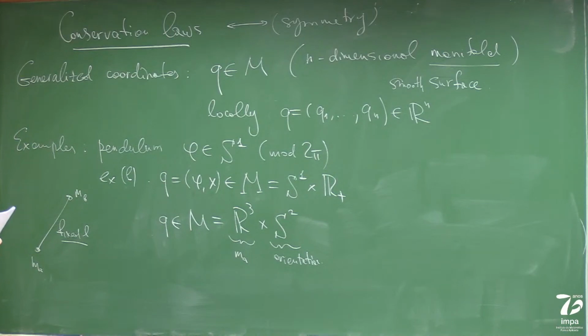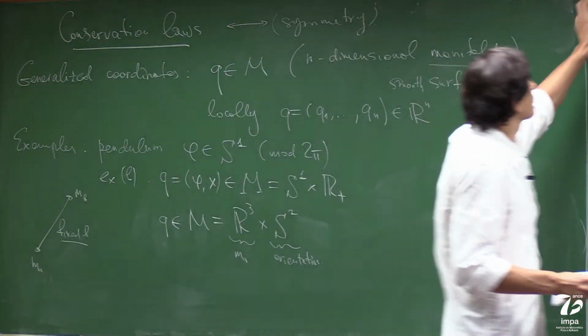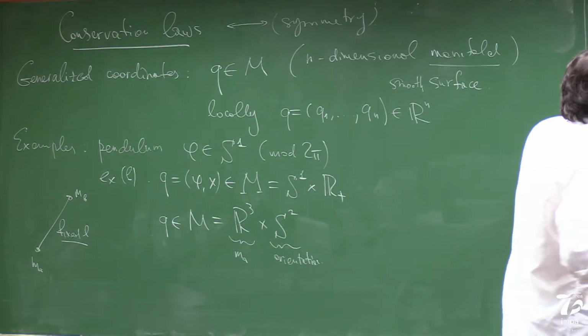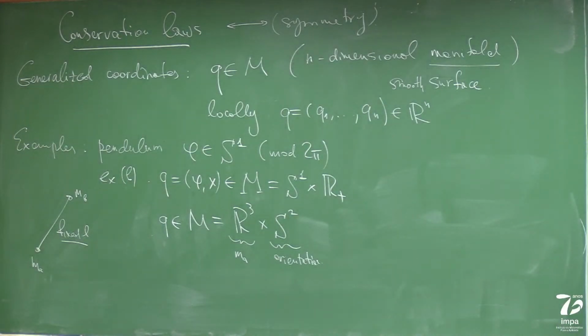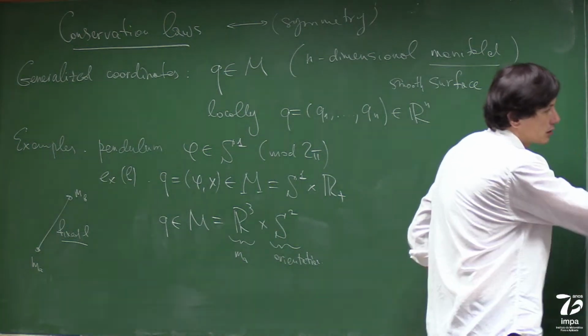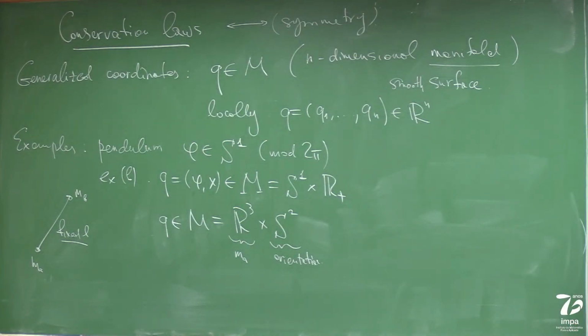So now the next step would be to change coordinates. We also discussed that different generalized coordinates have different advantages. So you may use, for example, coordinates which are coordinates of the material points, and they're useful.